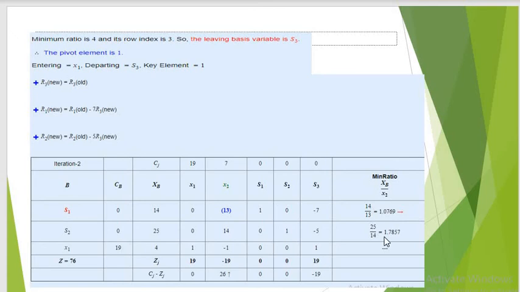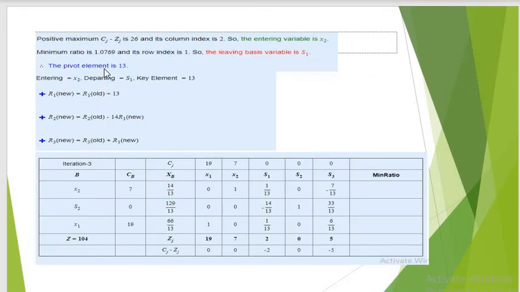So look at these two values. Minimum is 14 by 13. The corresponding row is S1. So S1 will be the leaving variable. Then the intersection of the S1 row and X2 column, the value is 13. It is known as the pivot element.